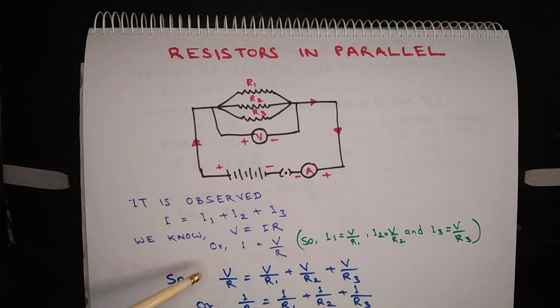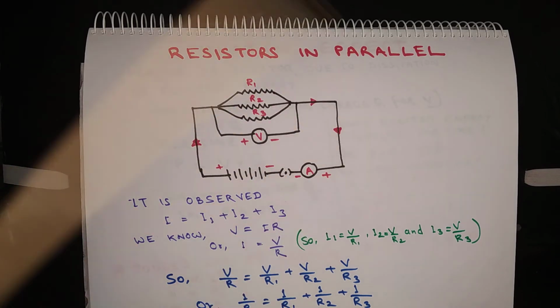So we can write V upon R is equal to V upon R1 plus V upon R2 plus V upon R3. If we divide this equation by V, we get 1 upon R is equal to 1 upon R1 plus 1 upon R2 plus 1 upon R3. This means that the reciprocal of equivalent resistance is equal to the sum of reciprocals of individual resistances.